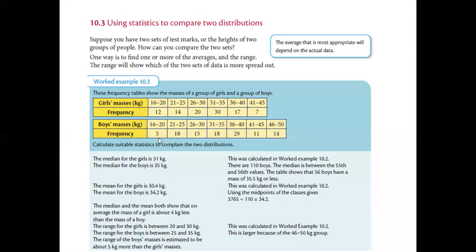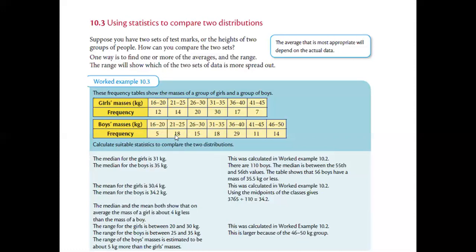And for the second group, how many boys are there? We have 110 boys, and the median is between the 55th and the 56th value. The middle of 110 is 55.5. From the left side, let's calculate the 55.5th student we need now.